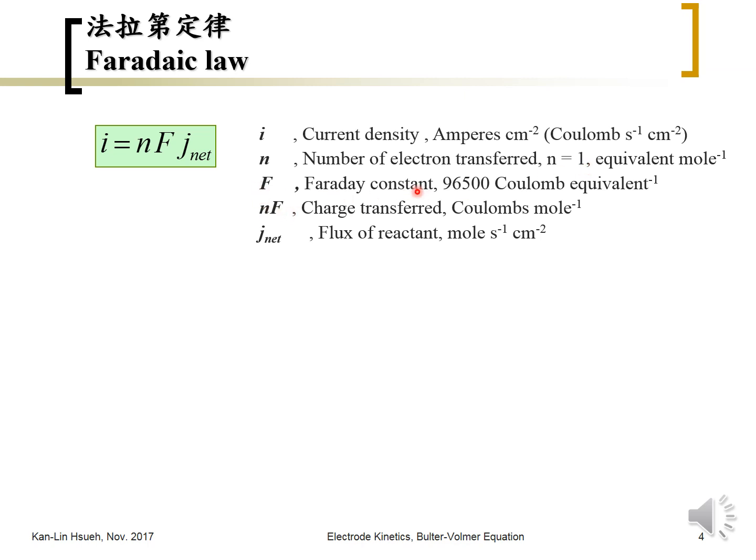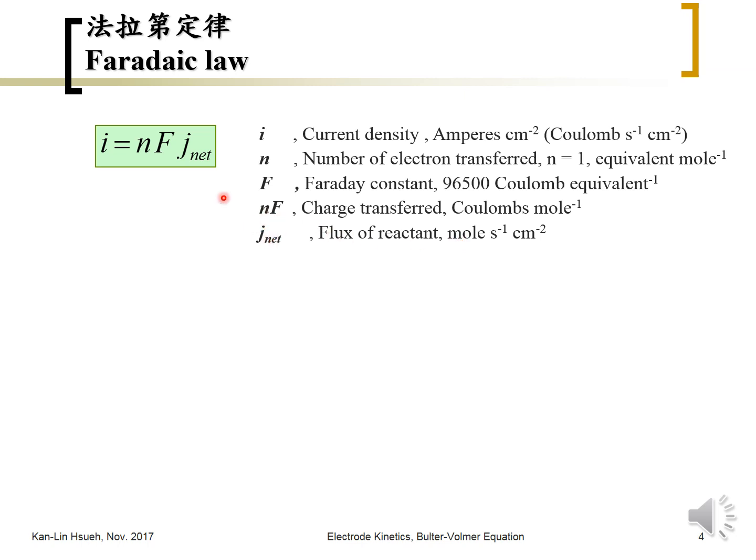And the Faraday constant means how much charge 1 mole of electrons possesses. So N times F means that when 1 mole of the ion is reduced or oxidized, that is how much charge passes through. This is the reaction rate per unit electrode surface area, how fast the reactant is consumed or the ion is oxidized or reduced.